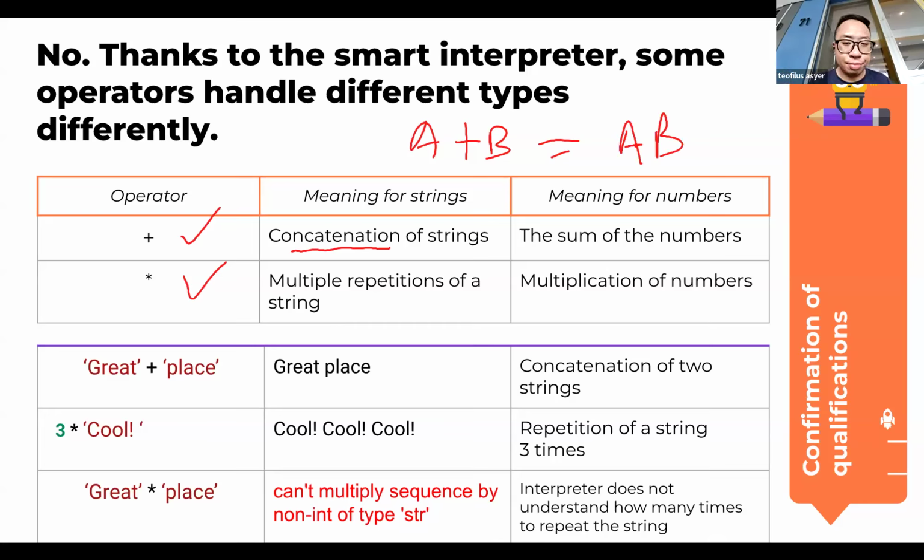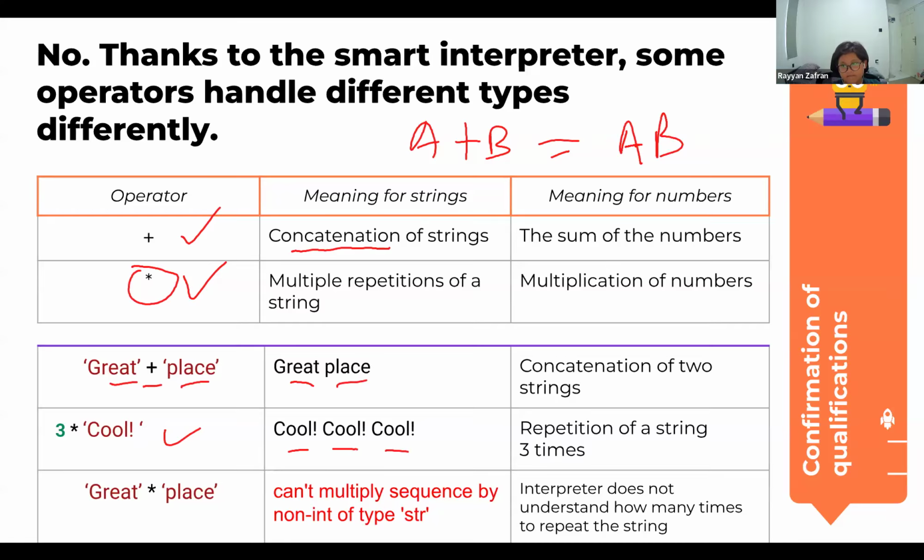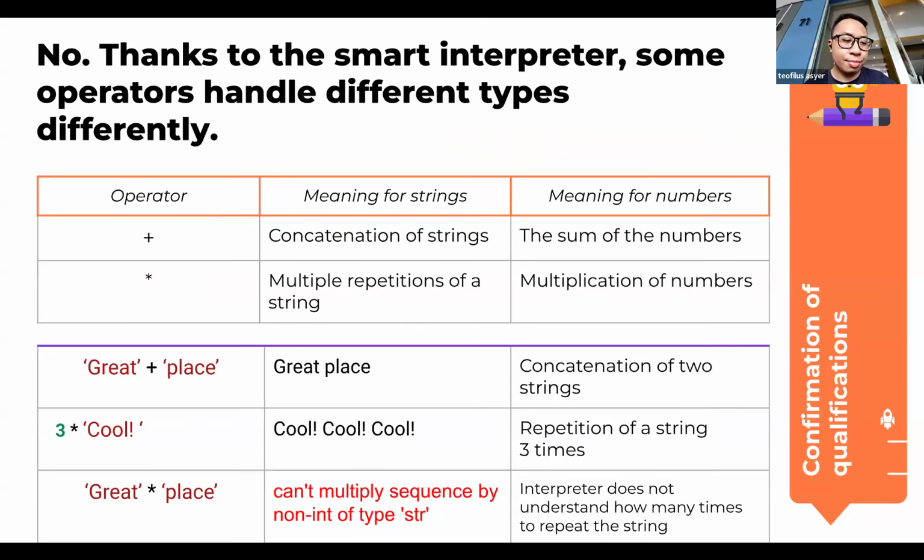You got it? So you can merge with the plus operator. And you can also do repetition with multiplication. So if you see something like this, it will become cool, cool, cool. If you do great plus place, it becomes great place. You got it? Okay, just a little bit of knowledge about operations.